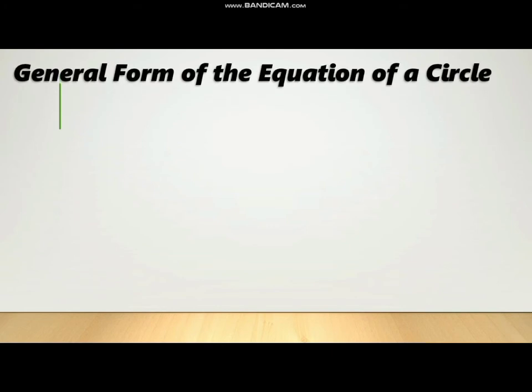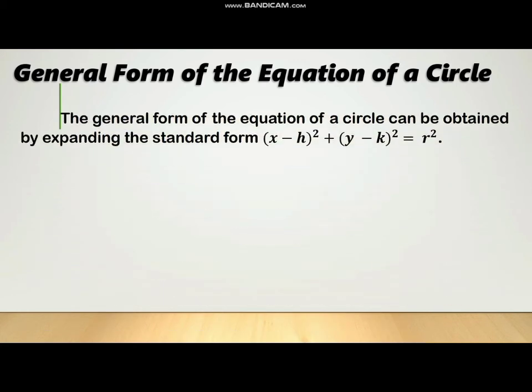The general form of the equation of a circle. The general form of the equation of a circle can be obtained by expanding the standard form, the square of x minus h plus the square of y minus k equals r squared.